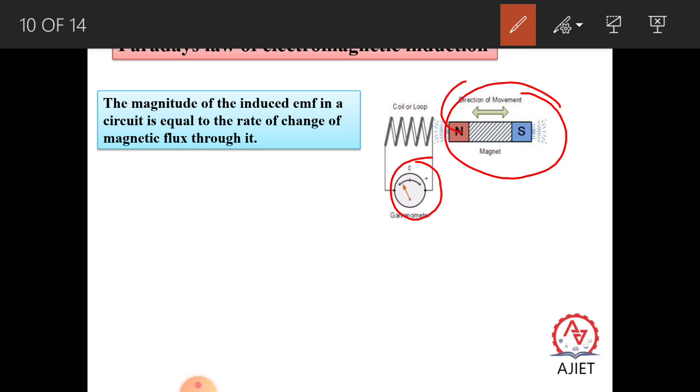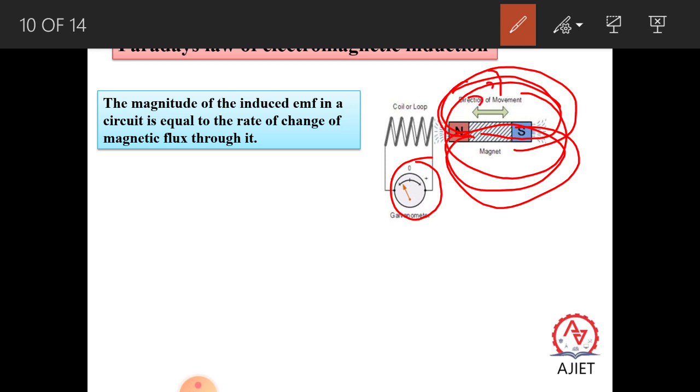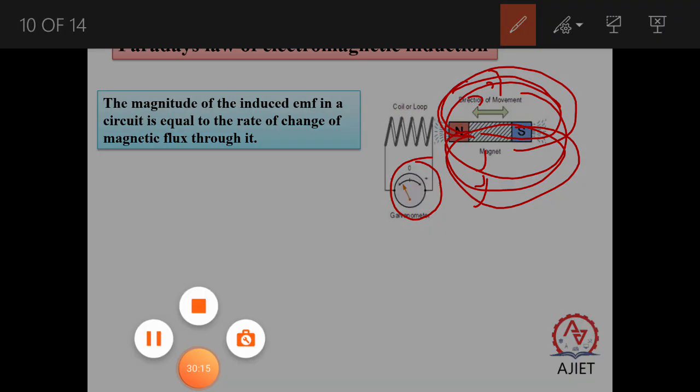So we know that these are the magnetic lines passing from north pole to south pole like this. When you insert the magnet inside the coil, the magnetic lines are cut, which creates the current, and that is shown in the galvanometer.